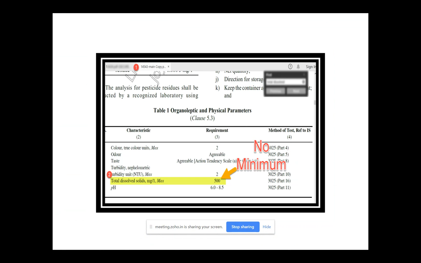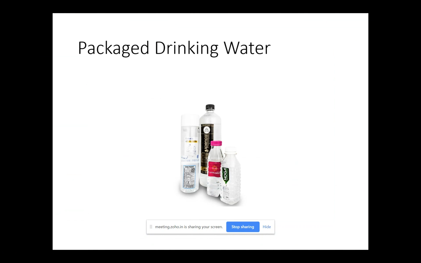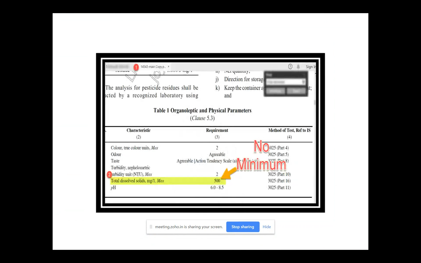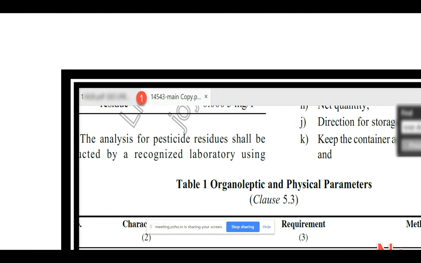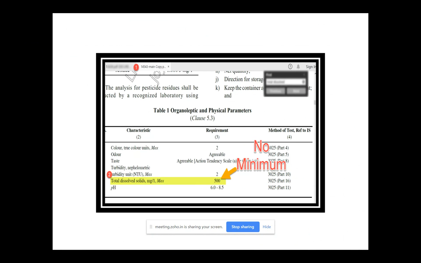The standard number is IS 14543. I will try to open this. You can see at the top 14543 main copy. You can get a copy of the standard also. So this is the standard for packaged drinking water.